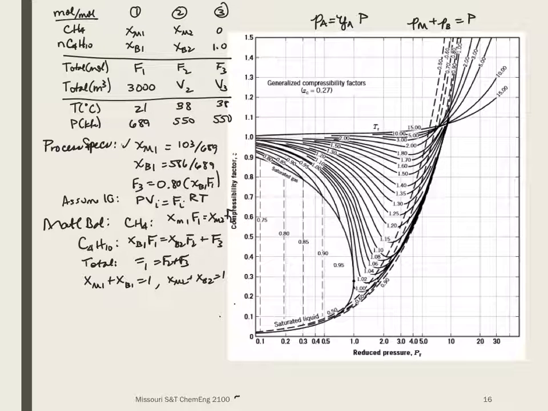I can use those two to find my equations. And this is 0.1495, so 0.15 roughly, and the other one is 0.85.